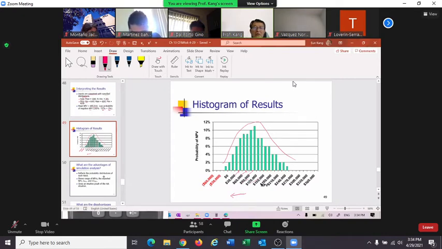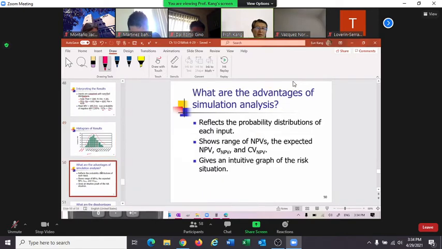So simulation analysis is kind of advanced scenario analysis. Then what are the advantages? Those things can be on the exam. So all you have to know is what simulation analysis is and how to do it, right?